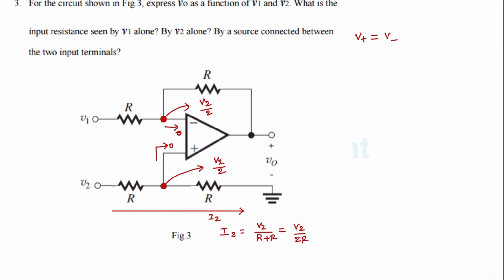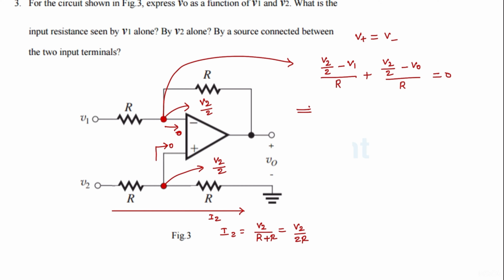we simply write a KCL equation here, Kirchhoff's current equation, nodal. So (V2 over 2 minus V1) upon R plus (V2 over 2 minus V0) upon R is equal to 0.